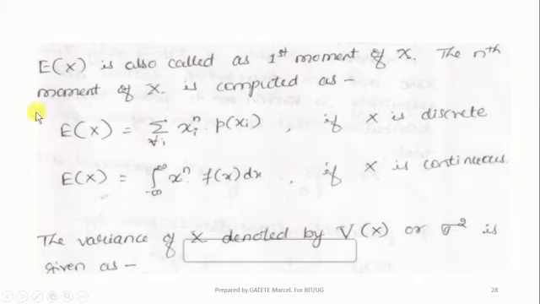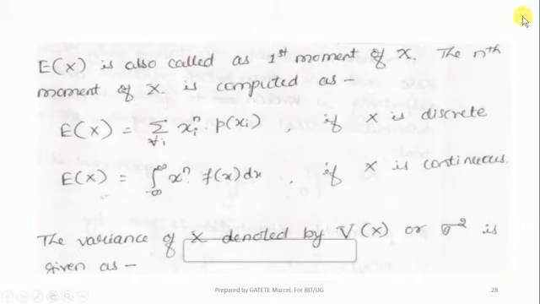The expectation is also called the first moment of x. It means x can appear multiple times, or have multiple moments. So the first appearance of x is the expectation.